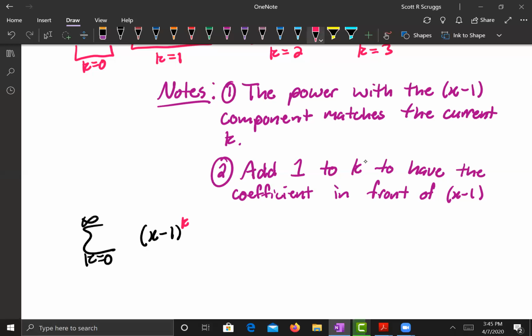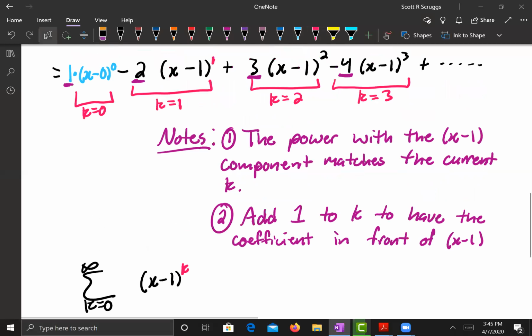Now let's match with note 2. Note 2 is telling me I add 1 to k to have the coefficient that is in front of the x minus 1 term. And you're right, James. That means I'm going to have k plus 1.